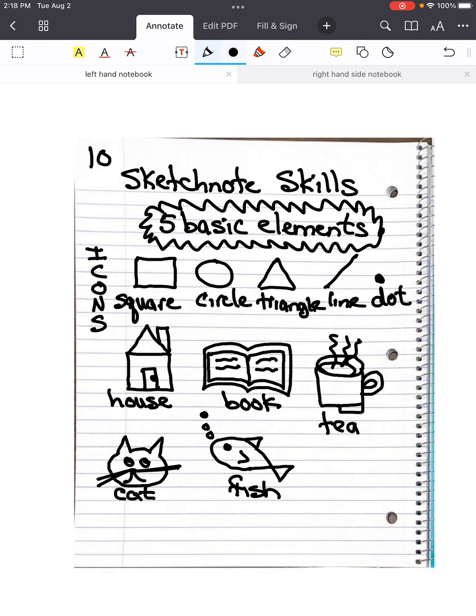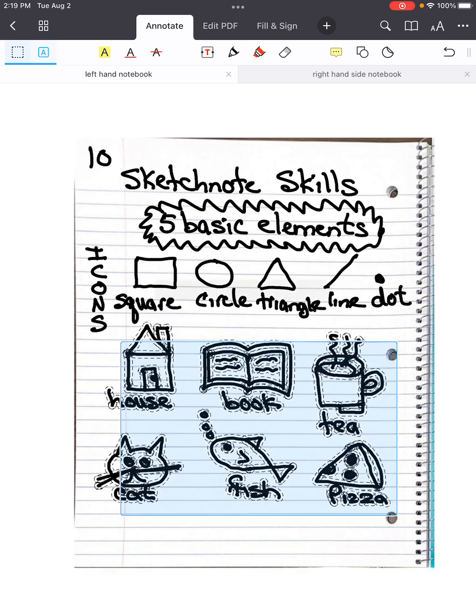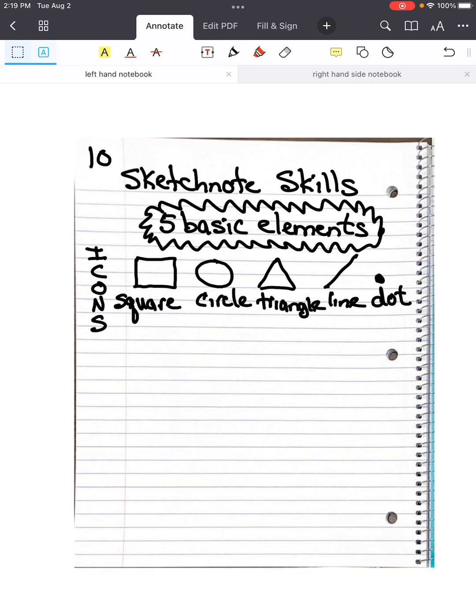We could do a piece of pizza. And maybe this is a pepperoni pizza. Okay, so we have a house, we have a book, we've got a cup of tea or coffee, we have a cat, we have a fish, we have some pizza. And again, because my iPad uses a lot more room than what we really will in your notebook, I'm just going to delete this part. I'm going to continue with my icons.